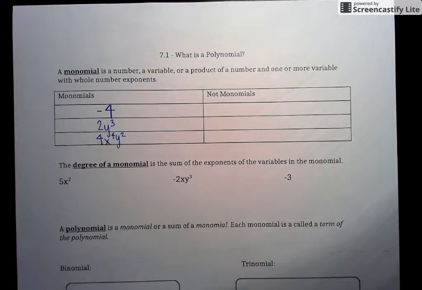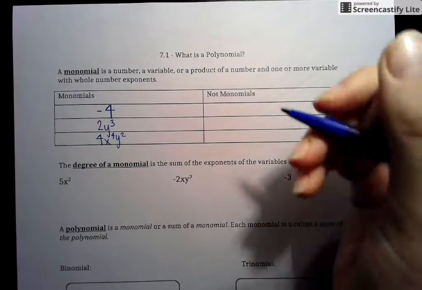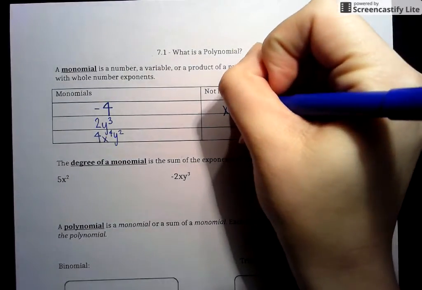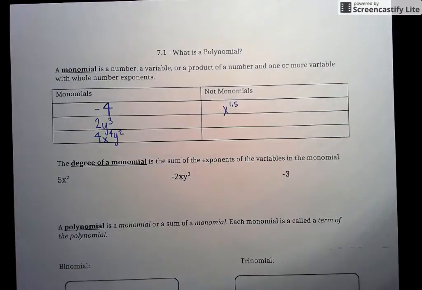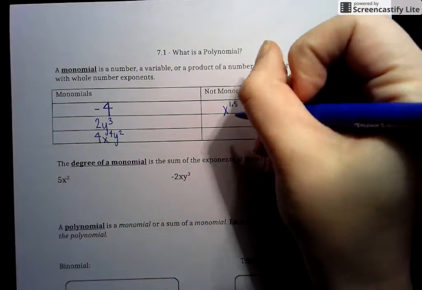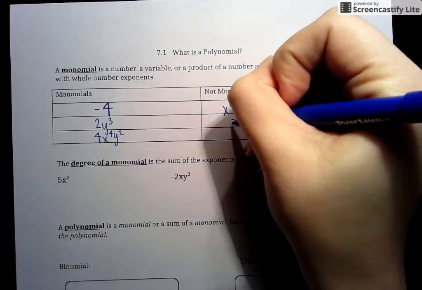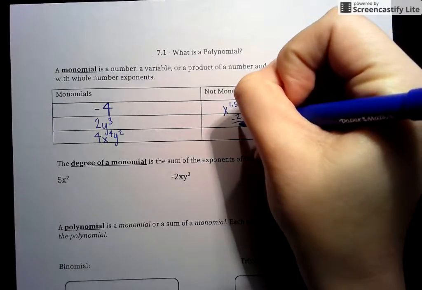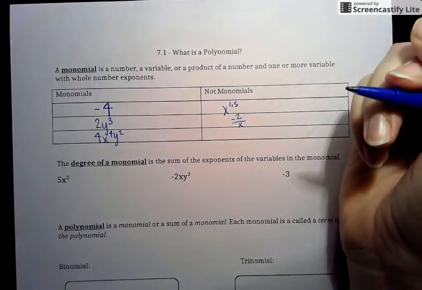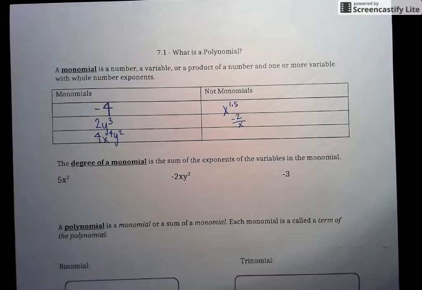Now, some examples of something that would not be a monomial would be like x to the 1.5 power. It's got to be a whole number for the power. Also, something that would not be a monomial would be something like -2 over a variable, so like x. That would not be a monomial.